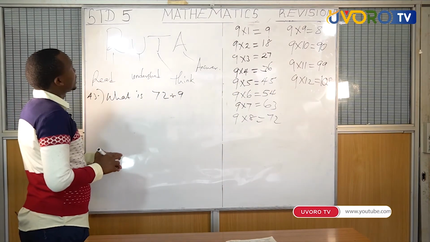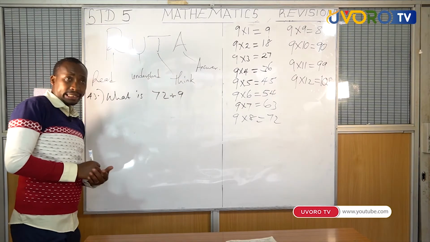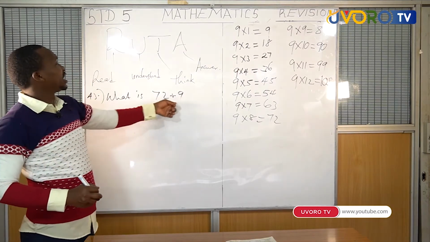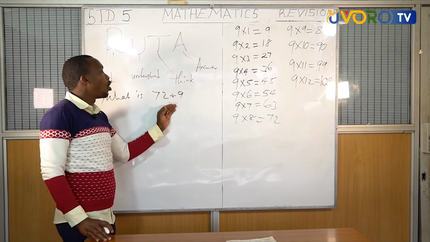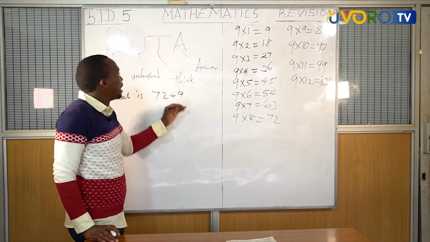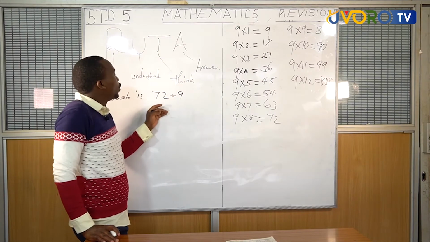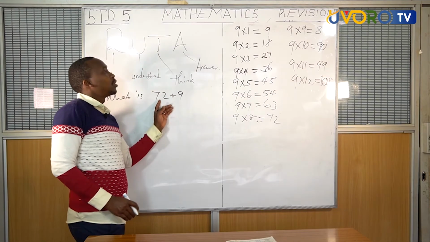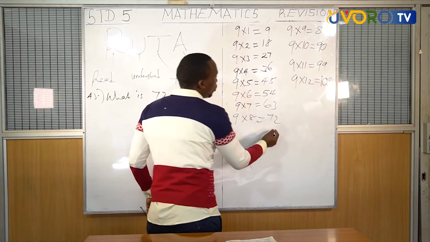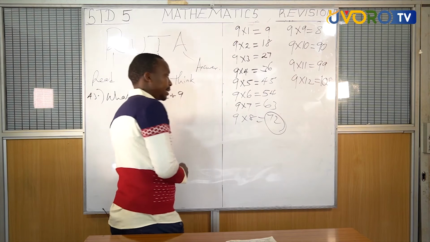We go back to our sum. What is 72 divided by 9? How many times are you going to multiply 9 to give you 72? How many 9s do we have to give us 72? Yes, it is there.